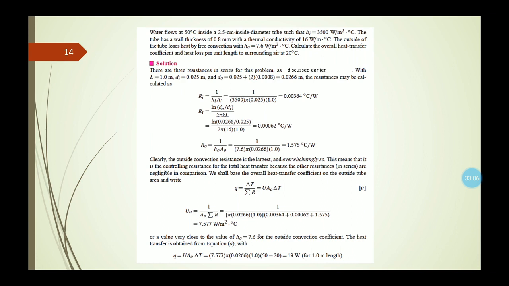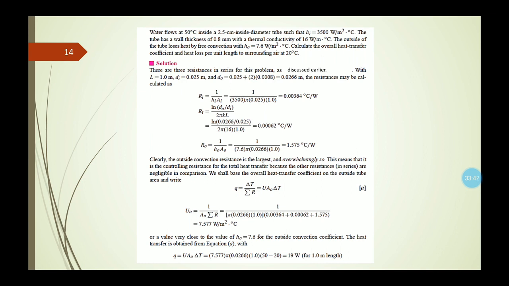In that case, Q will be equal to delta T by summation R. This is equal to U Ao delta T. Now this overall transfer coefficient, based on the outer surface, will be equal to 1 by Ao summation R. For this summation R, all the values we have calculated in the earlier steps, and if we put all the values in this formula, we will get the value of the overall transfer coefficient as 7.577 watt per meter square degree centigrade.